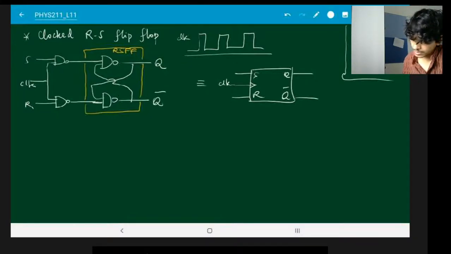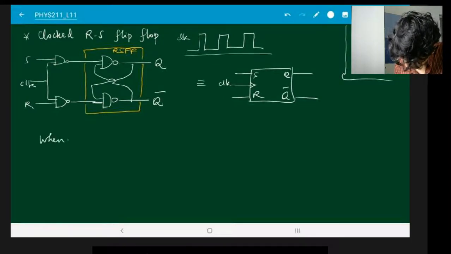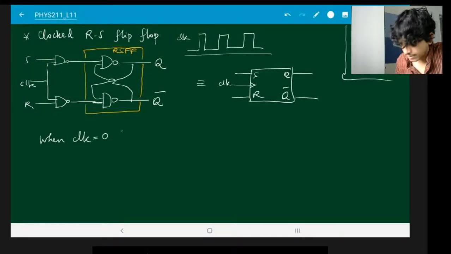Now what happens in this particular thing? When the clock pulse input is 0, then you can see that for these first two NAND gates, the output is going to be 1. So both R and S are equal to 1.